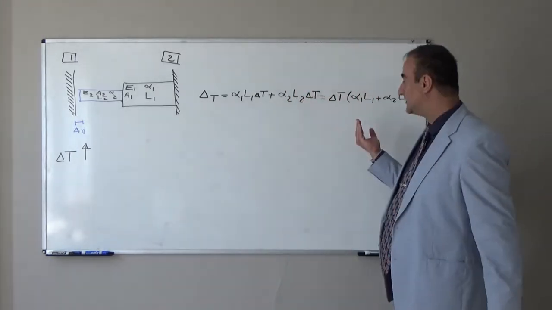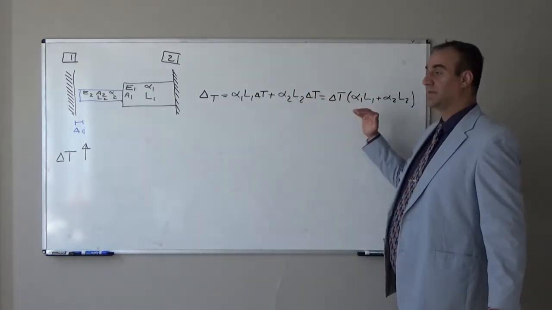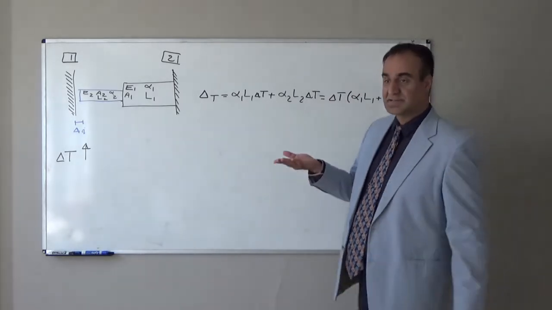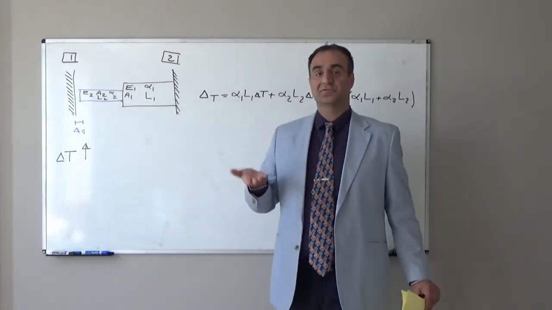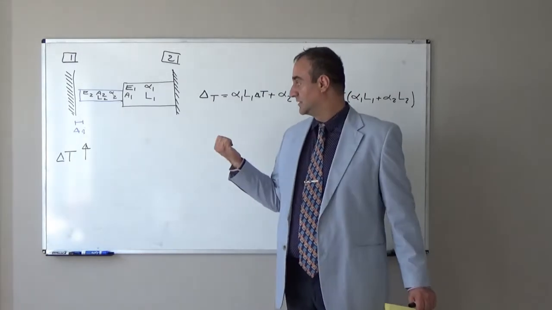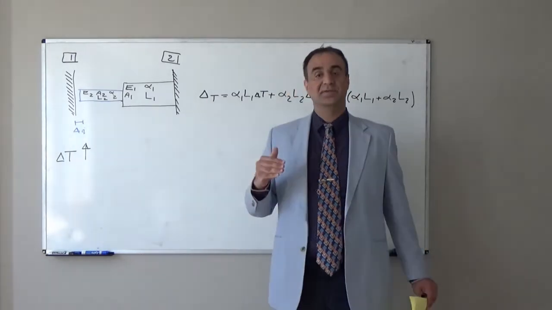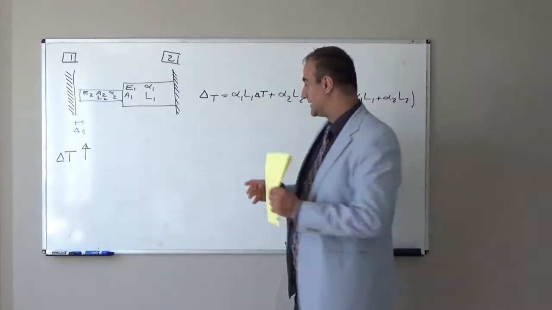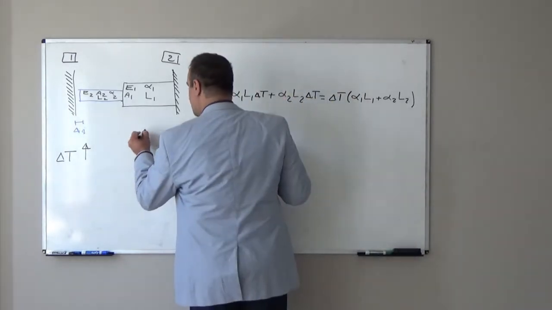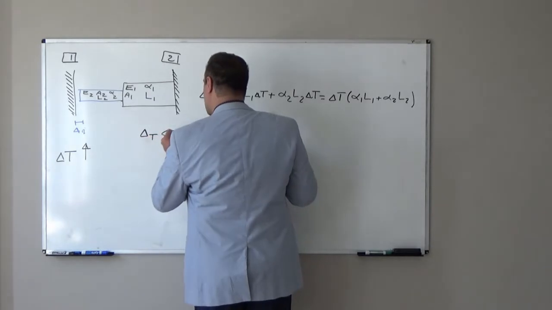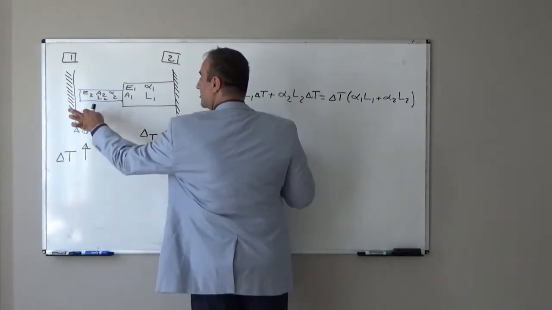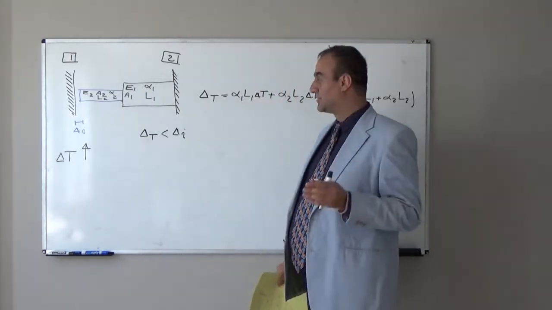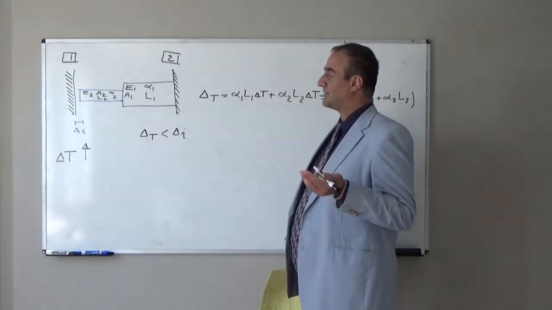We can find the total deformation if we know delta T, and we know delta T because we increase the temperature from room temperature to a certain value. So the first step is to find this total deformation. Then, if the total deformation is smaller than that gap, what will happen?